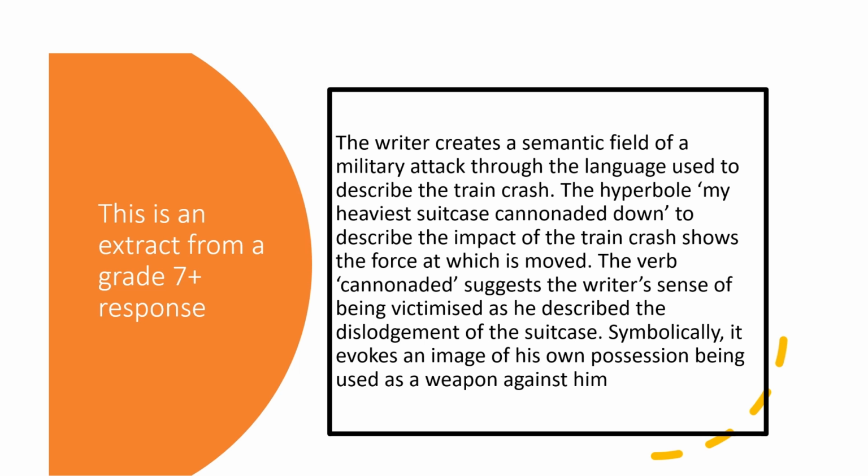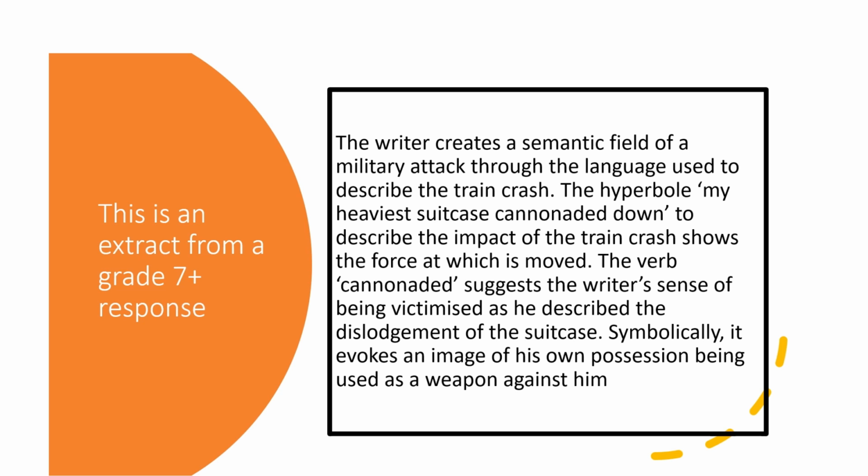So this is an extract from a grade 7 response. Obviously, the full answer would usually be 3 paragraphs long, but this is how they get to a grade 7 in just 1 paragraph. The writer creates a semantic field of a military attack through the language used to describe the train crash, the hyperbole. My heavy suitcase cannoned down to describe the impact of the train crash shows the force at which it moved.